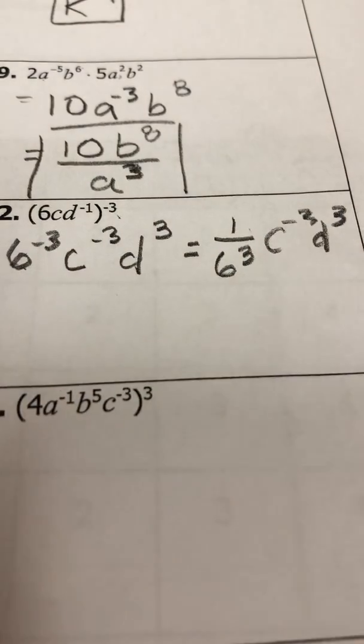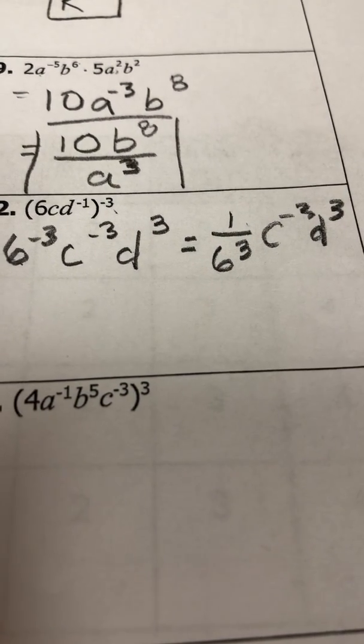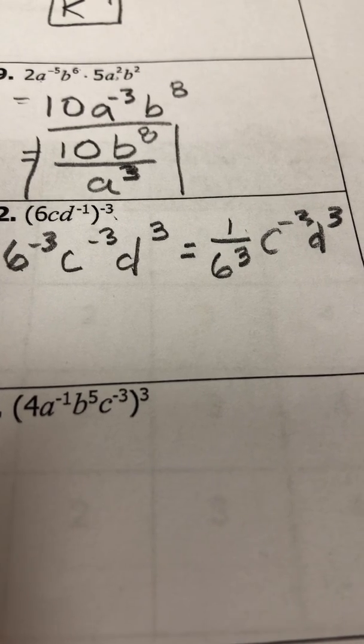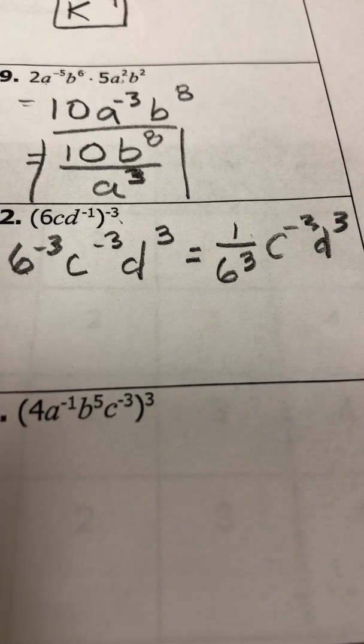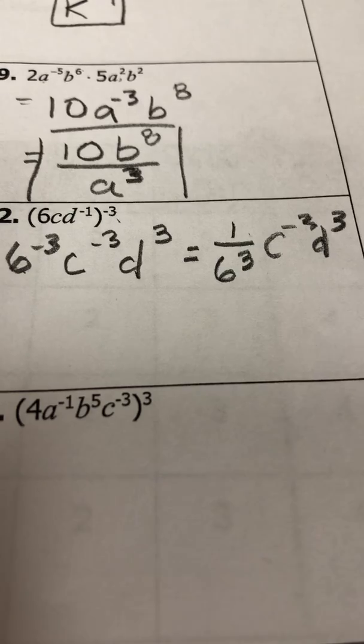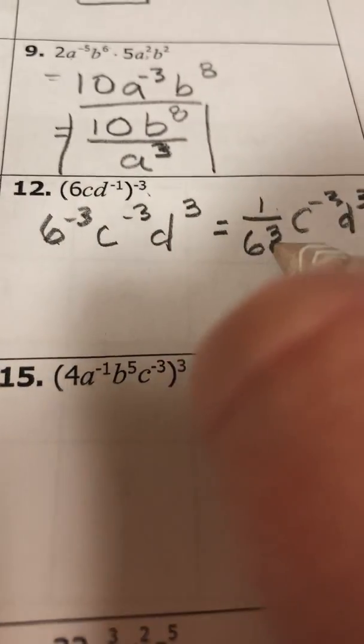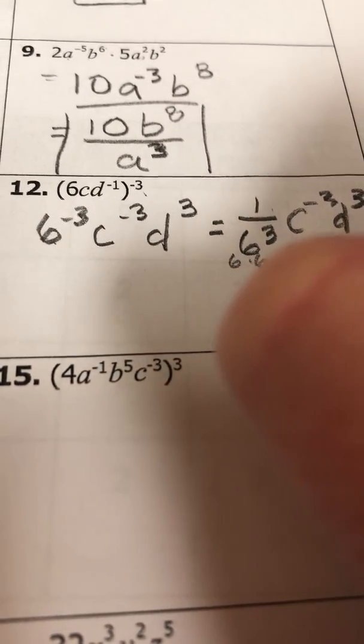Now I have to figure out what 6 cubed is. So if I think about 6 cubed, I'm going to write it down here. 6 times 6 times 6, so it's 36 times 6, which is actually 216.